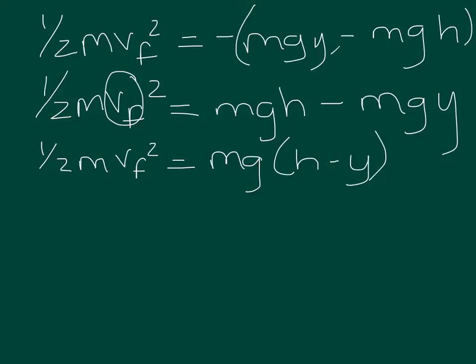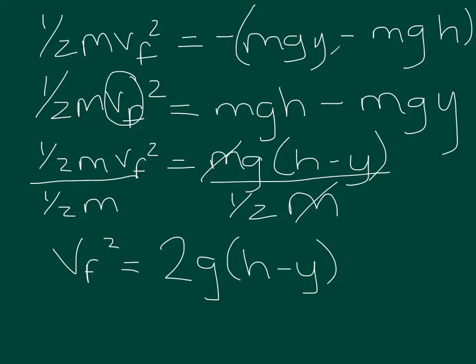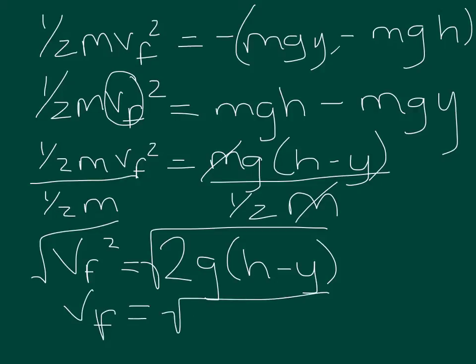Now let's divide both sides by 1/2 m. My masses cancel, and dividing by 1/2 is really like multiplying by 2. So my final velocity squared is equal to 2g times h minus y. If I square root that, then my final velocity is simply equal to the square root of 2g times h minus y.